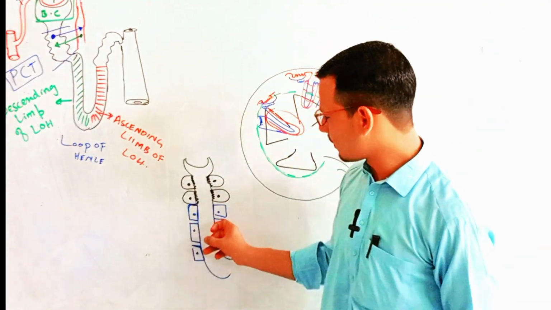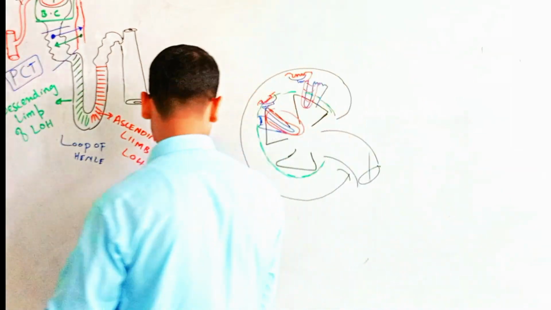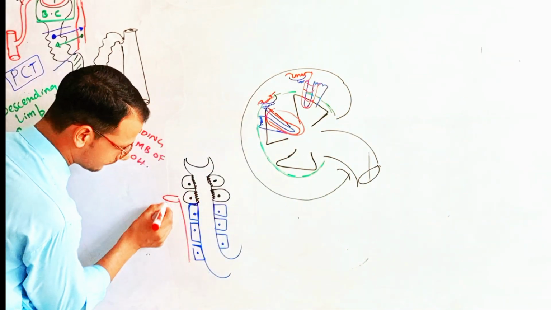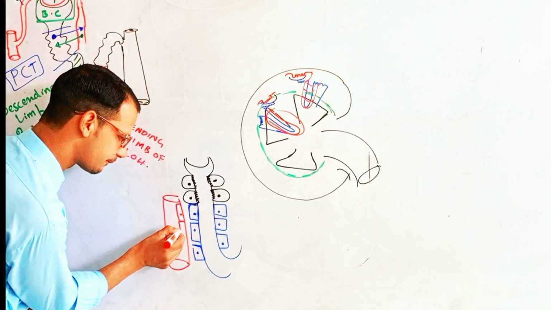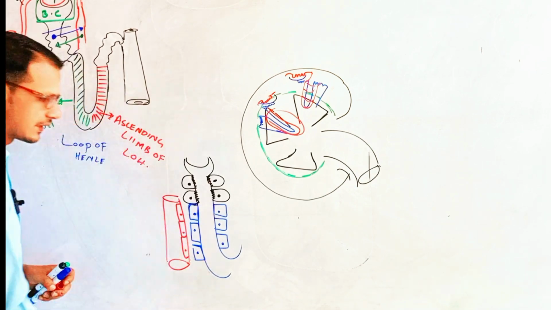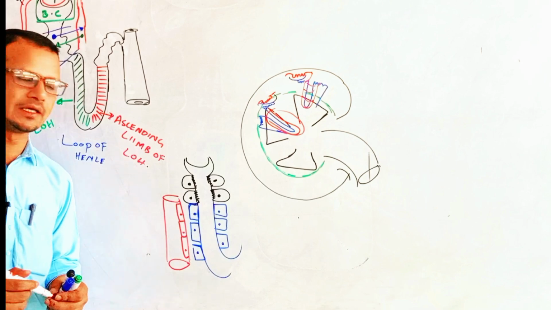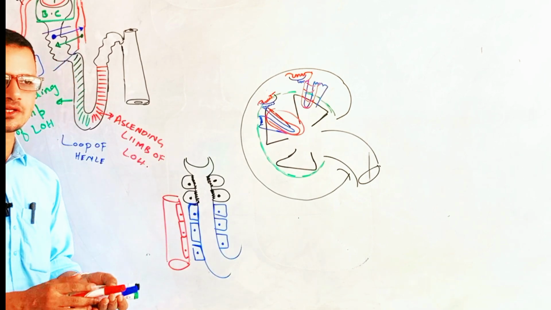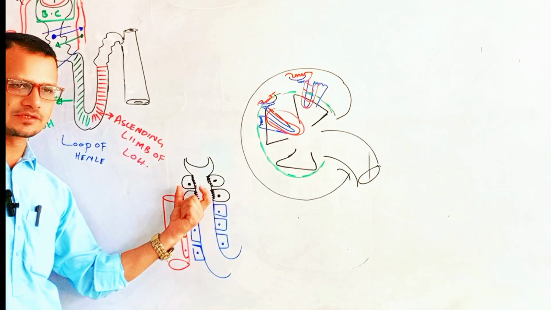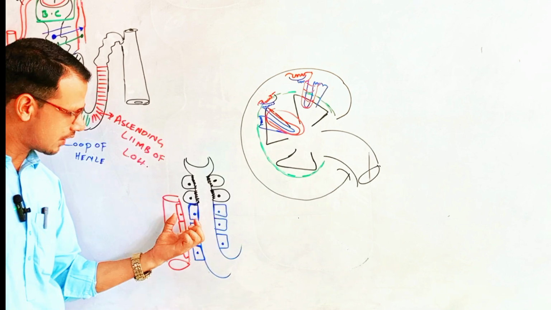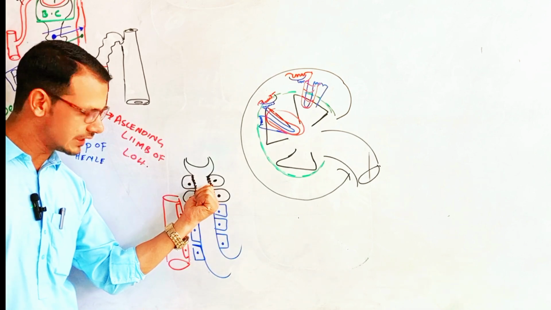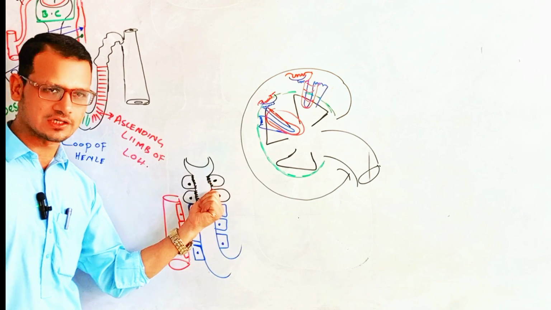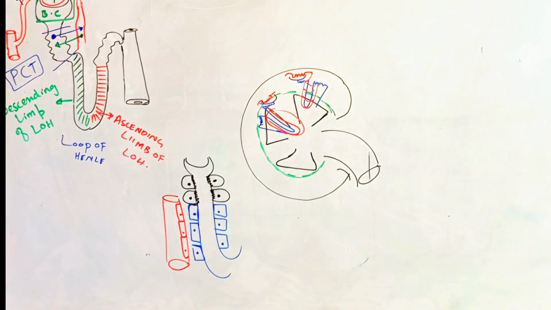Because this is also composed of epithelium, and the blood vessels which are following this renal tubules are also composed of simple squamous epithelium. So the exchange and the reabsorption, the secretions occur very easily in these areas, right? So now we will focus on this loop of Henle, but first just recap the mechanisms in proximal convoluted tubules.